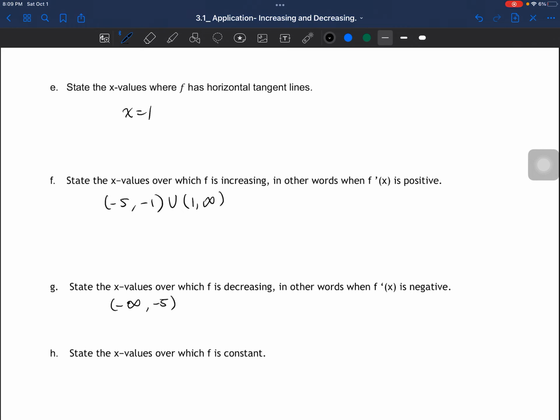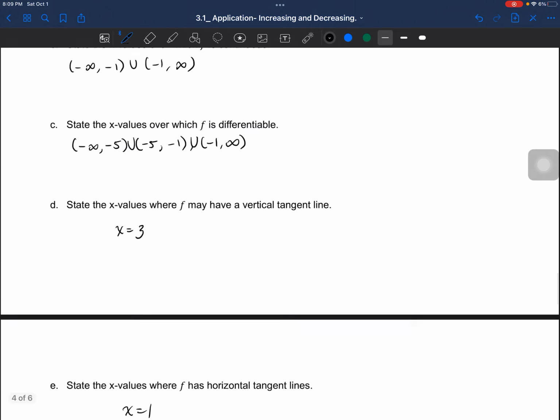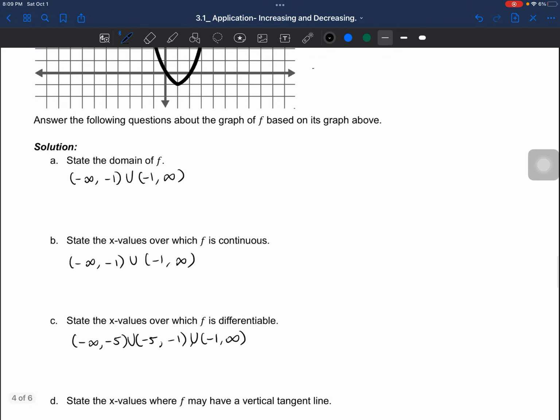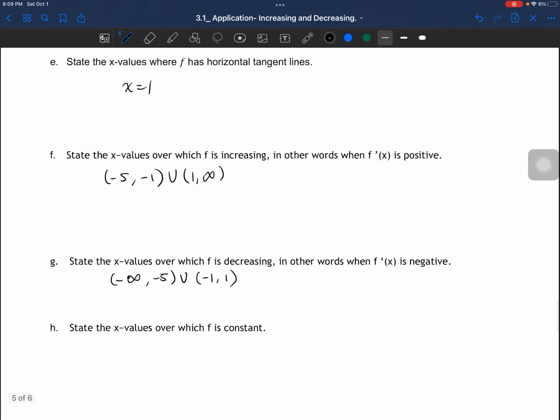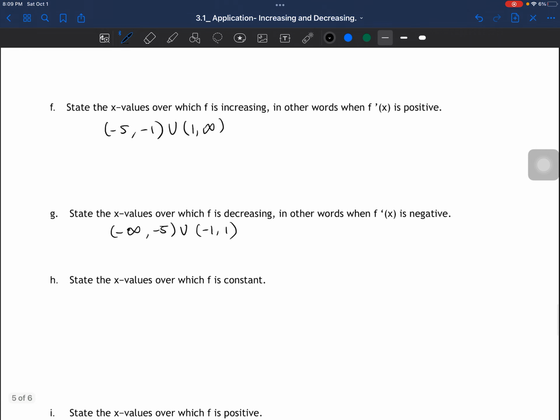So from negative infinity to -5, and then from -1 to +1. And then we unite both of them, right?